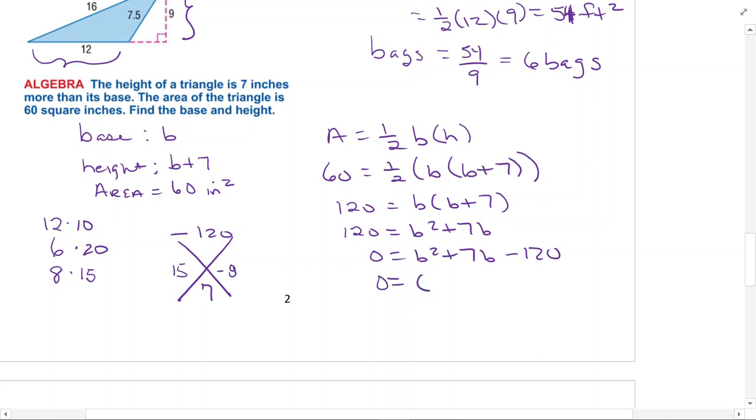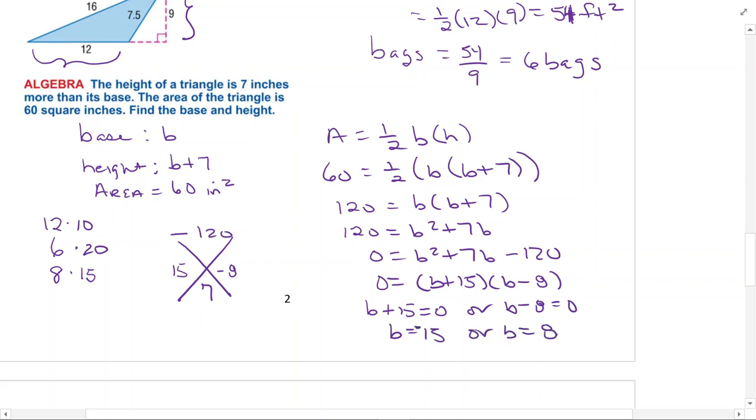So 0 equals B plus 15 times B minus 8. B plus 15 has to equal 0, or B minus 8 has to equal 0. So B equals negative 15, or B equals 8. The only thing we can have is a positive, so this one's ruled out. So the answer to this is that the base is 8 inches, and the height is 7 more than the base, which is 15 inches.